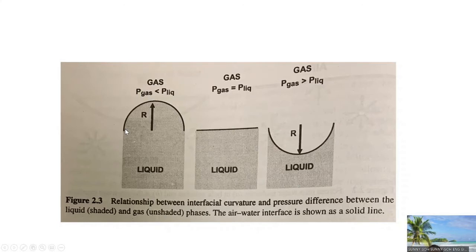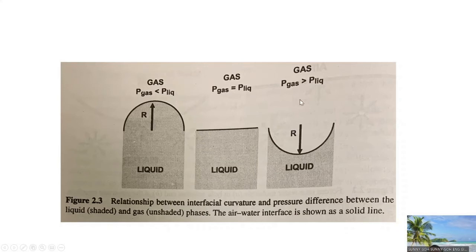As a result, the air-water interface caves out from the liquid surface. And the second figure shows that the pressure of gas equals the pressure of liquid. So in this case, there's no curvature, no cave in or cave out actually happening. So the water level is horizontal.